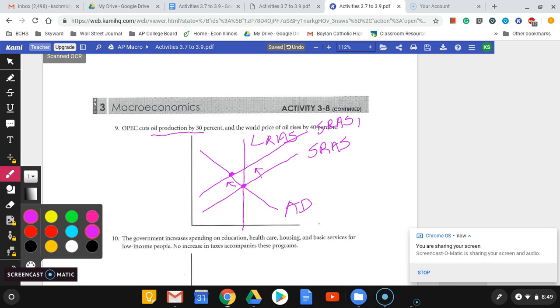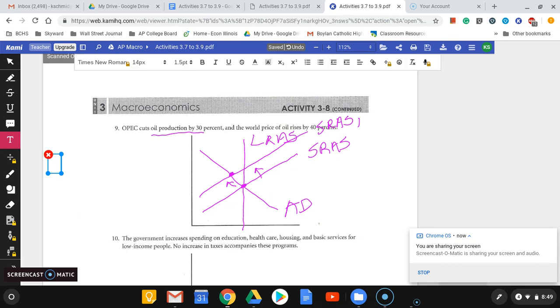And then again, I'm going to insert a text box here to explain what's happening here. So the increase in energy prices decreases SRAS. So that is going to cause an increase in unemployment at Y1.